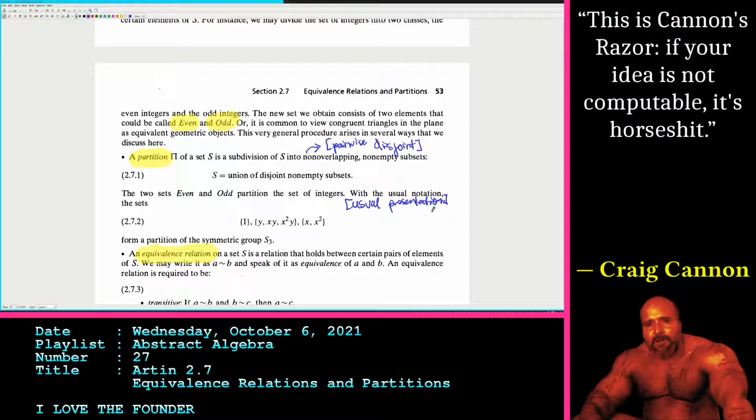You can partition the usual presentation of S3 up into this partition.